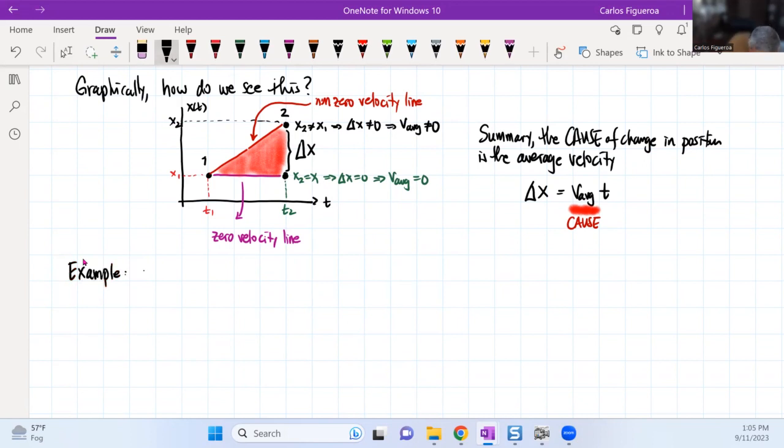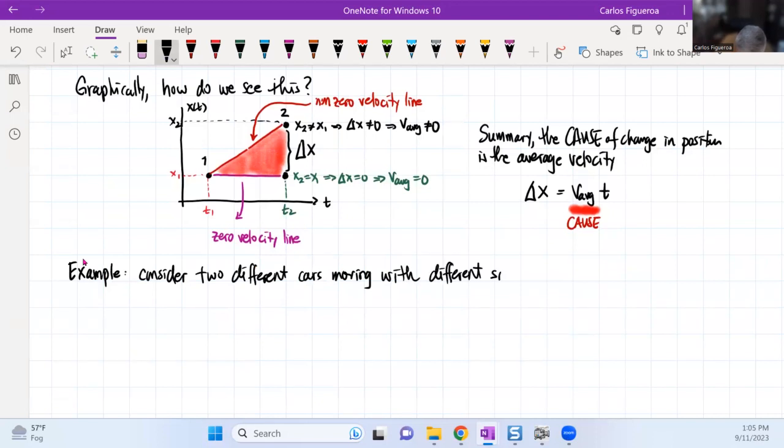I'm going to consider two different cars moving with different speeds, but the same direction.